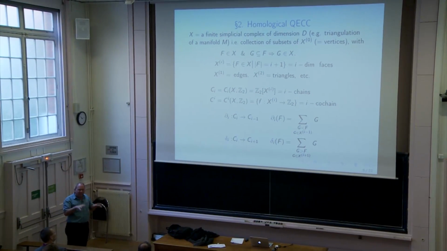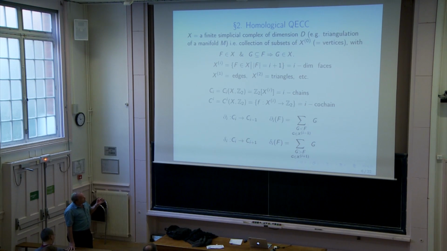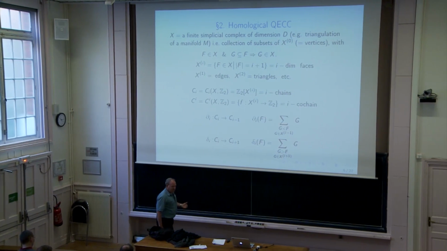We are really talking about subsets of chains, and think of them really as the same vector space. That will be the best way for us. Now we have the boundary map and the co-boundary map. As usual, the boundary map just takes the boundary of a simplex, the sum of all the codimension 1 subsimplices of it, and the co-boundary is the sum over all the i plus 1 dimensional simplices containing it.